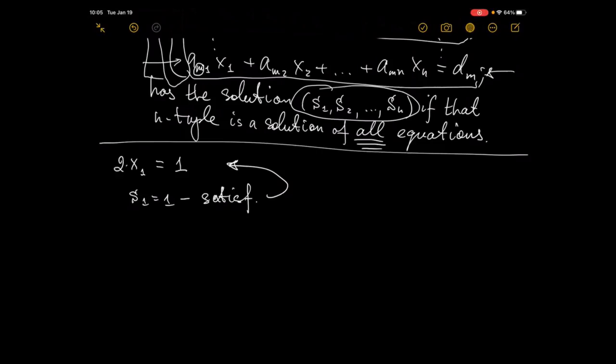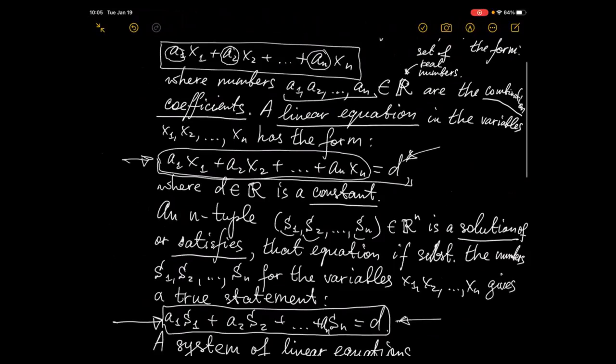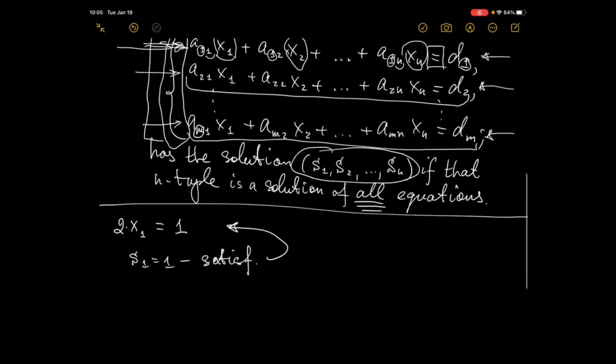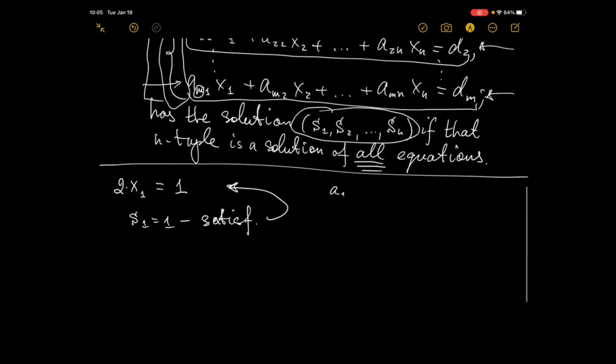Okay, perfect. Now, if I change the coefficient, pay attention, it's just the case when n is equal to 1. So let me write here a1 x1 plus a2 x2 plus and so on plus an xn equals d, right?